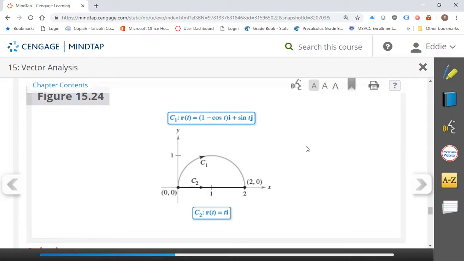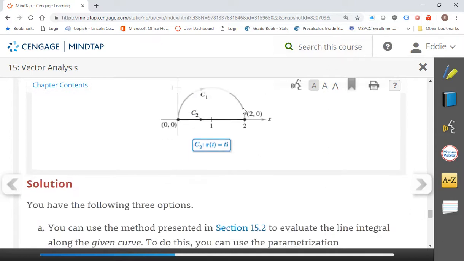Right? Plug in a 0, get out a 0. And then plug in a 2, get out a 2. So I don't know about you, but if I have to do integrals, F dot dr, or if I have to find a potential function, it's easier to use a straight line.